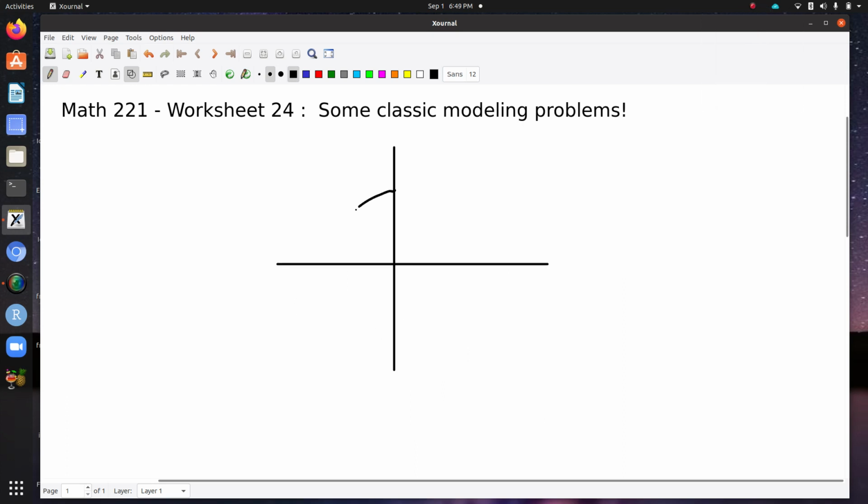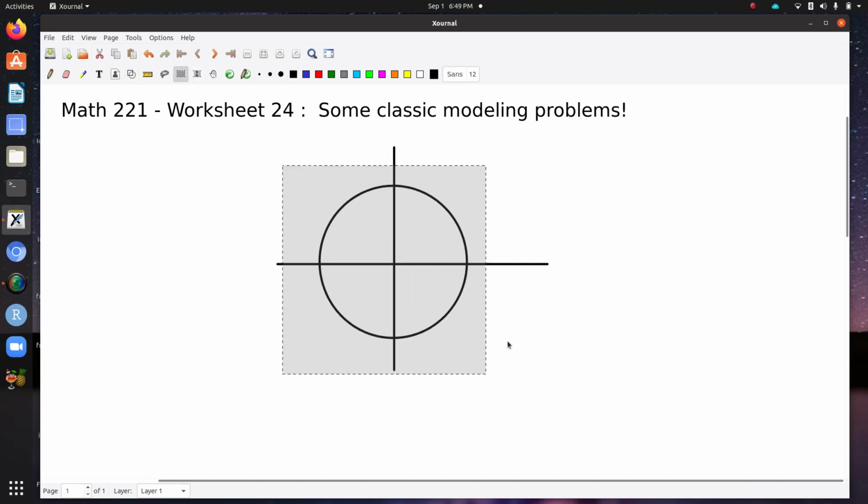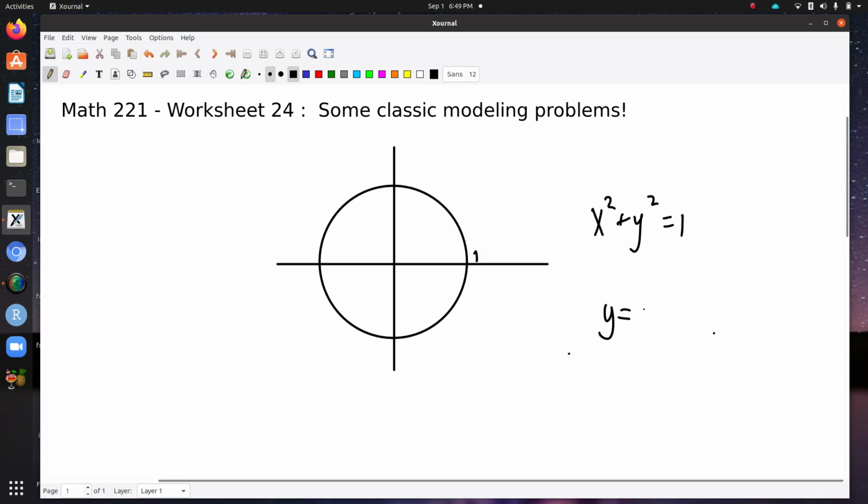Okay, so what have we got? We've got ourselves circles, okay? And let's start with a unit circle. I'm just going to build up so you understand how you write ellipses. The unit circle is x squared plus y squared equals 1, okay? And sometimes we write it y is equal to plus or minus square root of 1 minus x squared. So you should be able to recognize it in both of those formats.